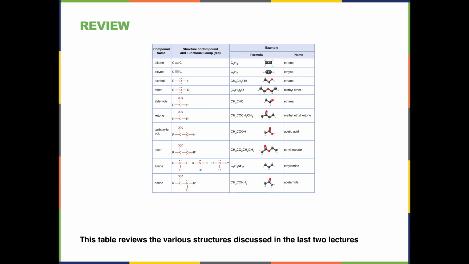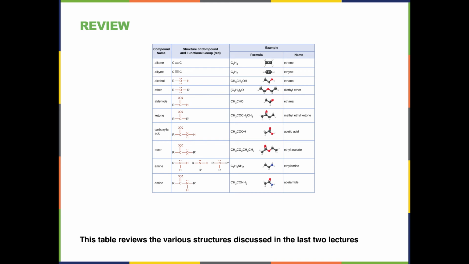You can also use this table to make flashcards, and I strongly recommend the use of flashcards. At the top you can see the alkene is a double bond, so if you have two carbons it's eth, and then it's ene for that name. If it's a triple bond it's ethyne, or it's an alkyne.